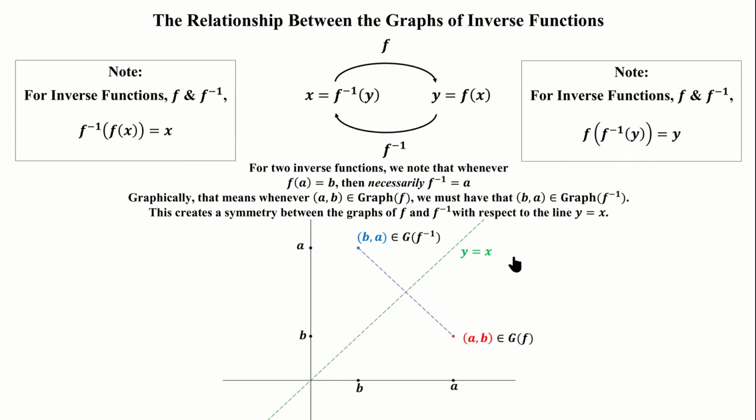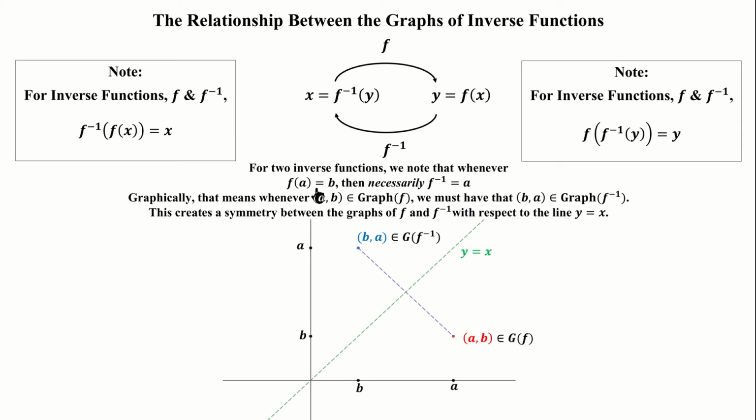Now, there's a very interesting relationship between the graphs of two inverse functions, because notice that if the point (a, b), such as the one depicted here, is actually on the graph of a given function, then that means (b, a) is going to be on the graph of f inverse. Why?